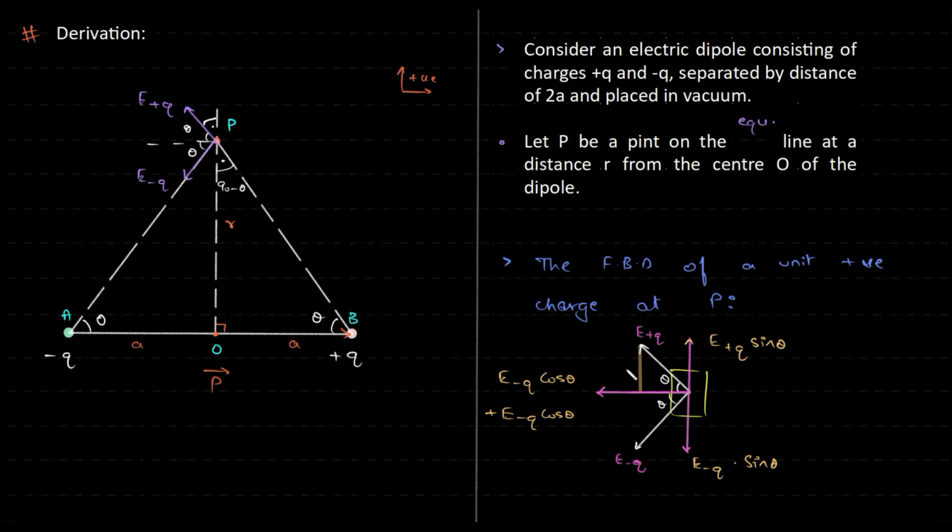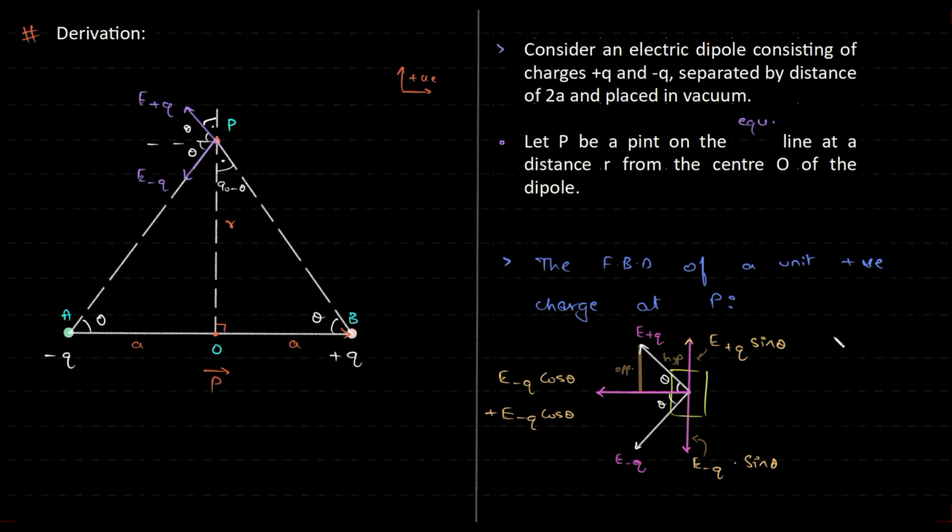Opposite is this. This is your opposite side and this is your hypotenuse. So when you resolve it, this will become E Q sine theta. And so the length over here will get E Q sine theta, and E minus Q sine theta at the bottom.